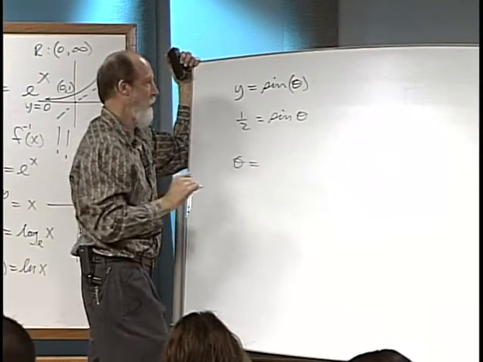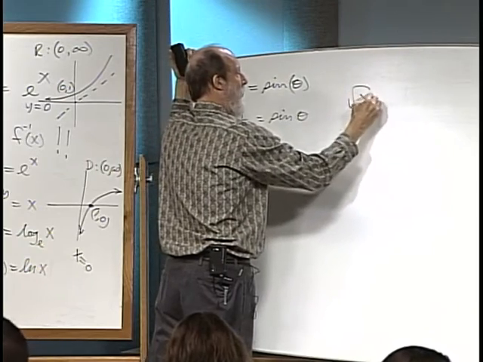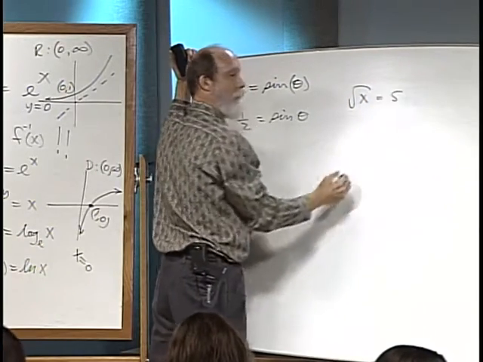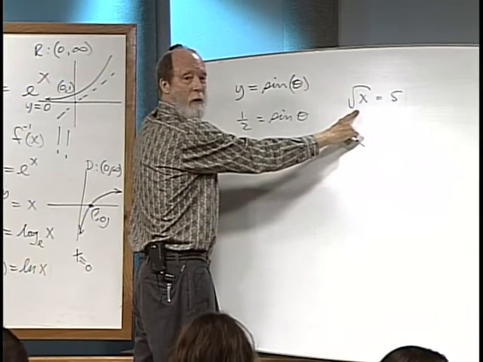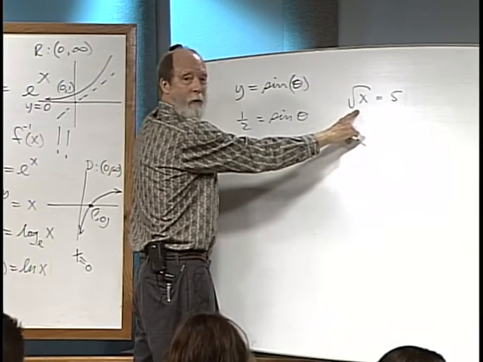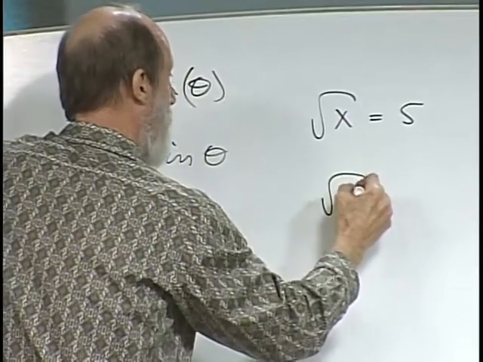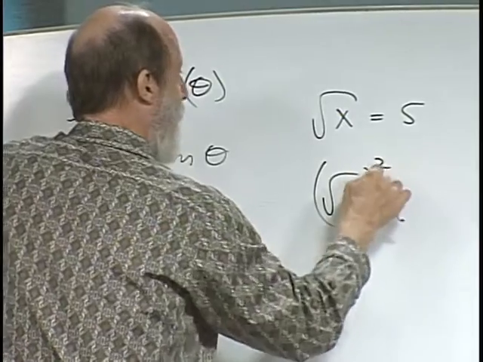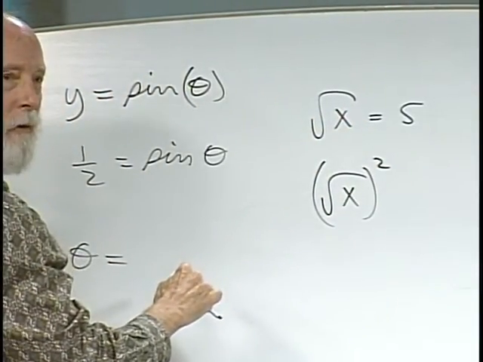It's no different than you having done a problem like this. Let's say you had square root of x equaled 5. What would you do in algebra to solve for x? You'd square both sides, would you not? And isn't that squaring process the inverse of the square root process?